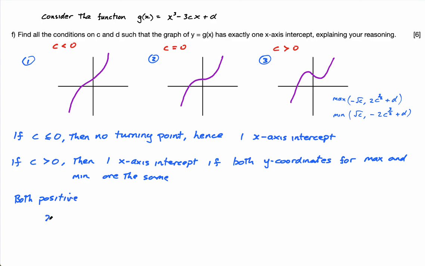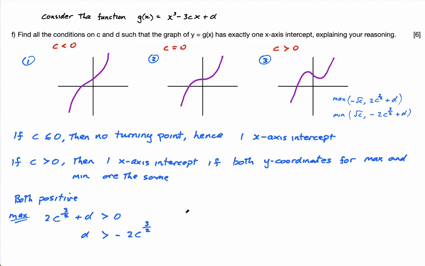That means 2c to the 3 over 2 plus d is greater than 0, which means d has to be greater than, let's just write it in terms of d, d has to be greater than negative 2c to the 3 over 2. And sorry, this is just the maximum.